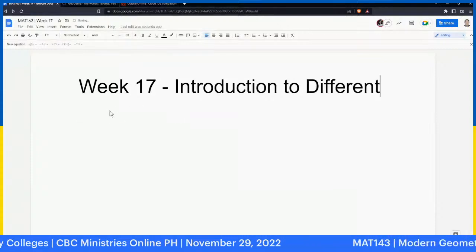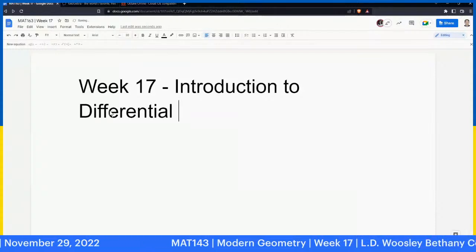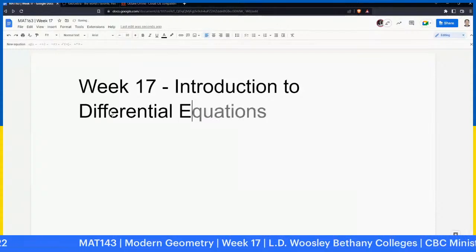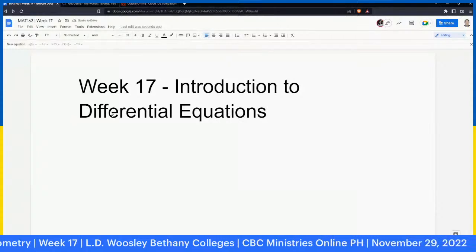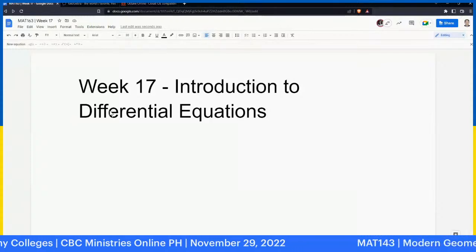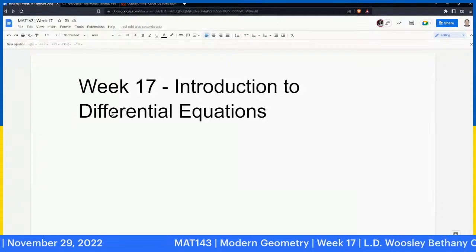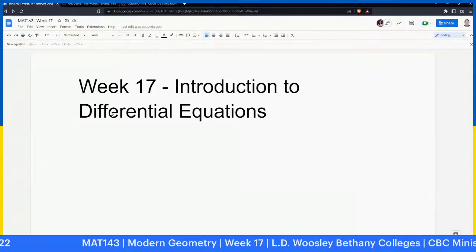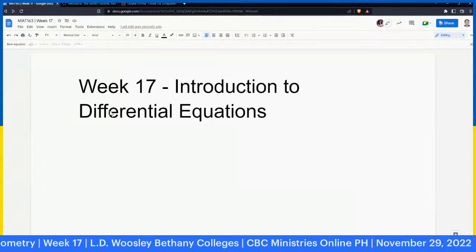Okay, what comes to your mind when you see the word differential equations, Micaela? Yung ano lang po siya, differential calculus lang po.